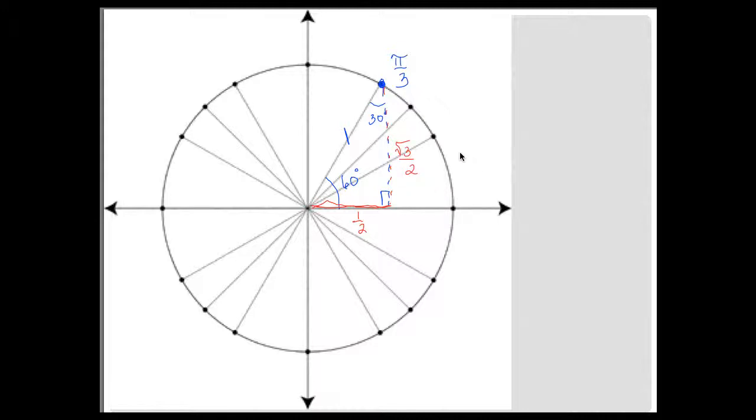Notice how they're the same values as the pi over 6 triangle, they're just turned around. This is the exact same triangle, except now it's taller, whereas the other one was shorter. So this time the x value is a half, and the y value is square root of 3 over 2. Again, I try to remember it because this is the tall triangle, so it's the y value that has to be the largest between the x and y coordinates.